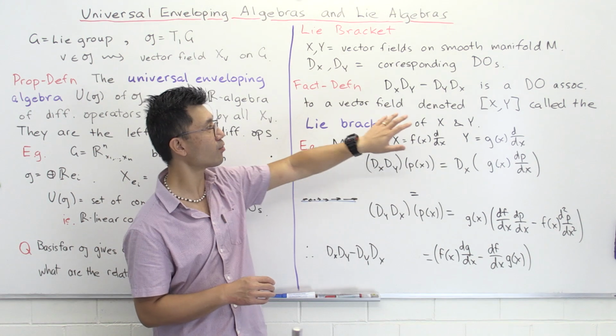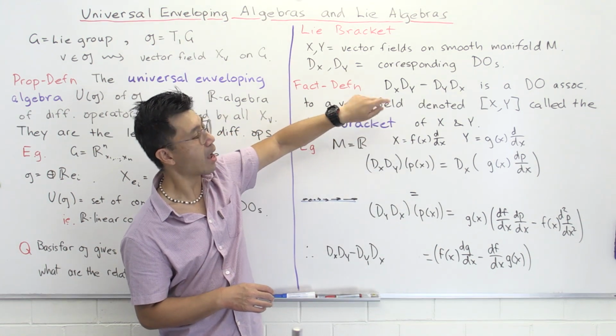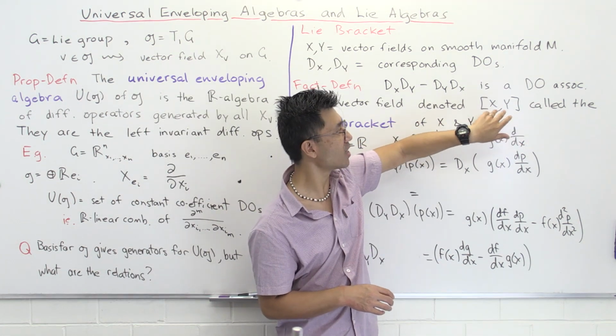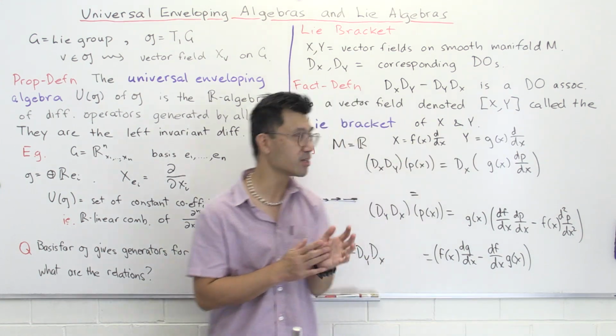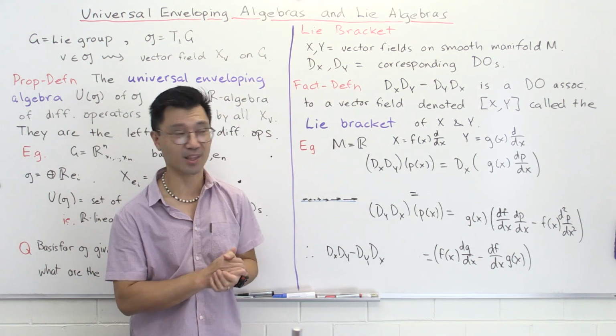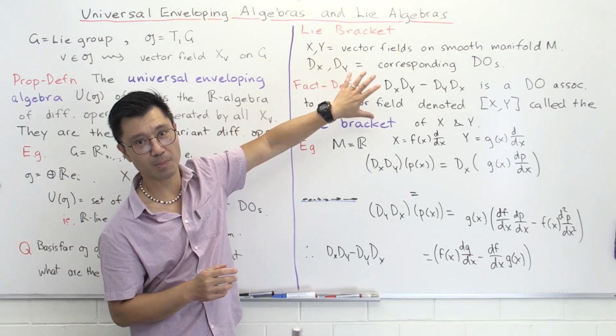It's the first order differential operator associated to a certain vector field, and we denote that vector field by the bracket of x and y, and this is called the Lie bracket of x and y. This is a rather beautiful observation more than anything else, and to see why it's true is not too difficult.